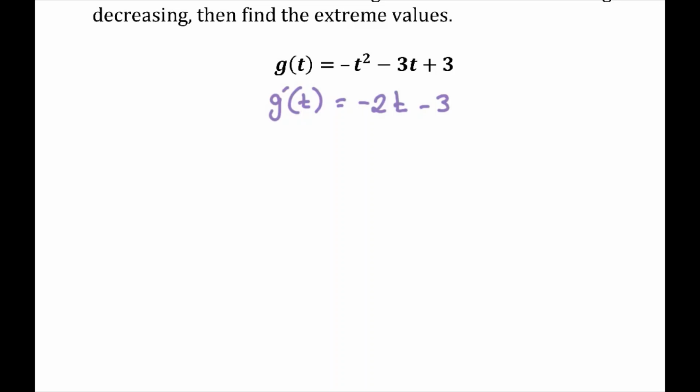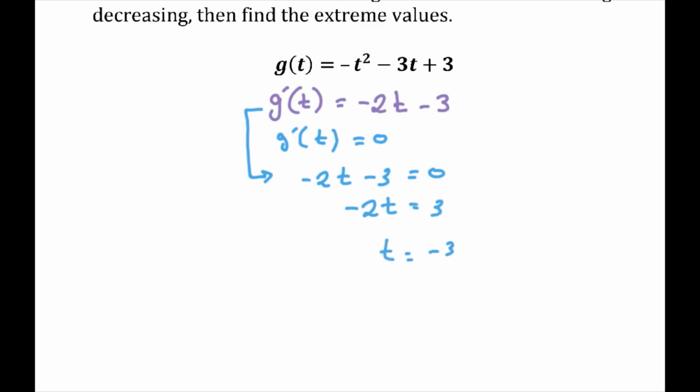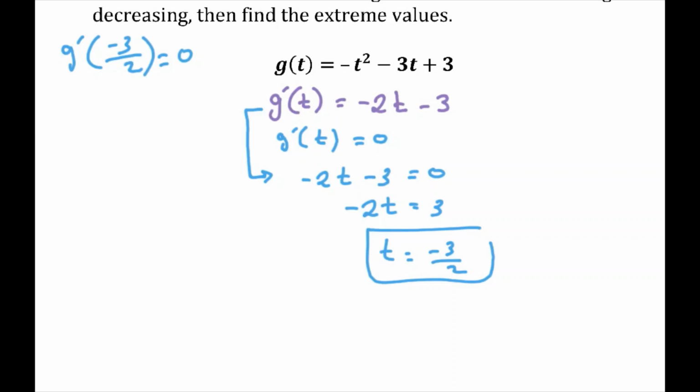That means negative 2t minus 3 equals 0, and t will be equal to negative 3 over 2. So at t equals negative 3 over 2, g prime equals 0.